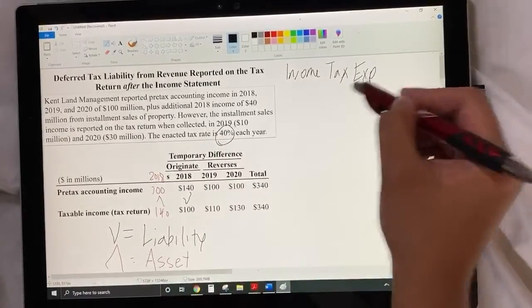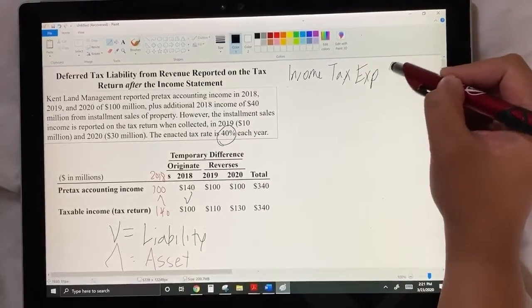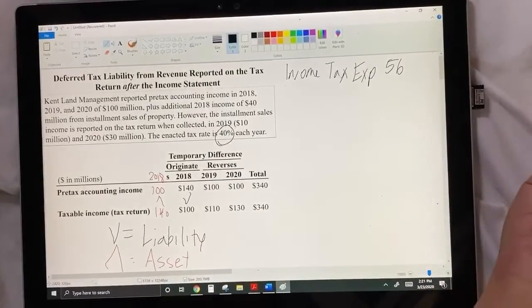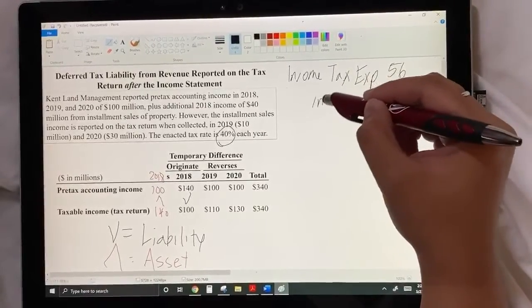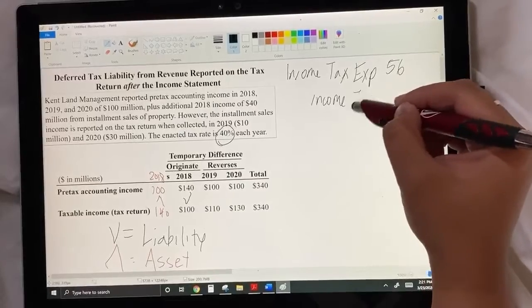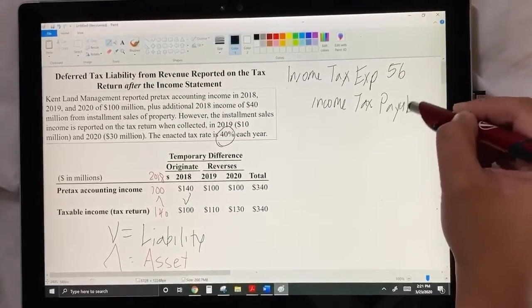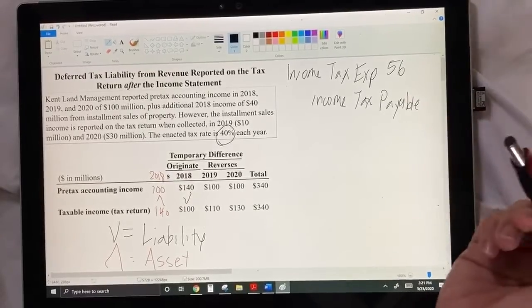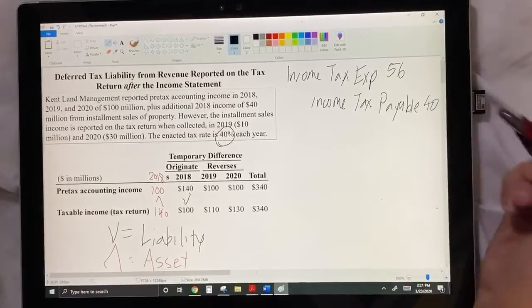In this case, it's 40%. So it's 40% times 140, which is 56. And then you credit your income tax payable, and it's 100 times the 40%, which gives you 40.